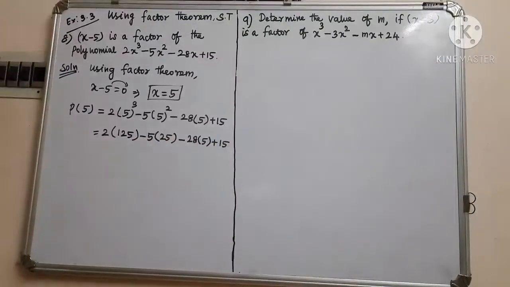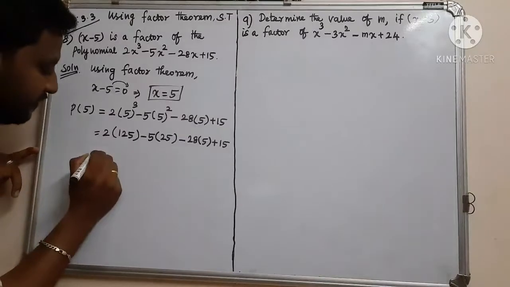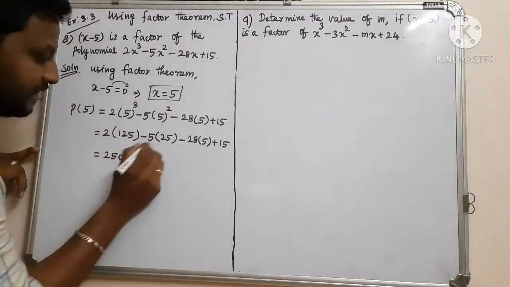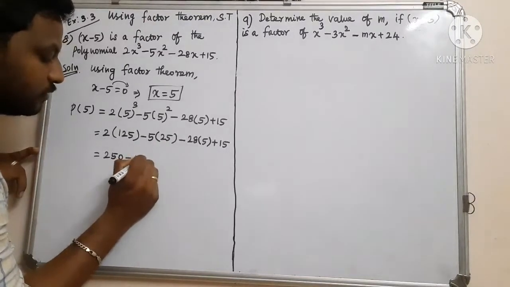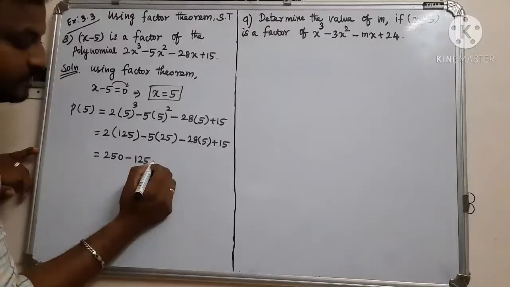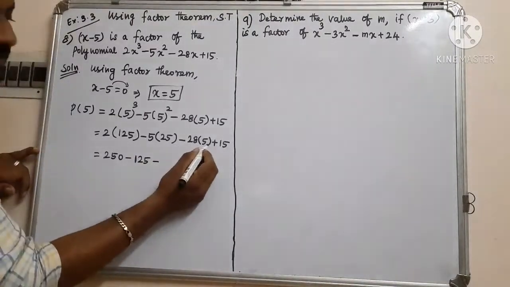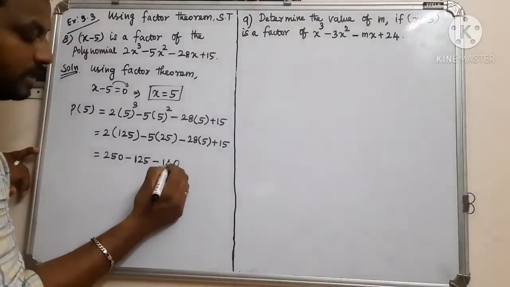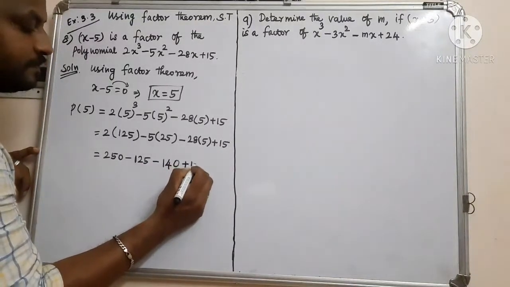So now you have to multiply the values. So 2 into 125, which is equal to 250, minus 5 into 25, that is equal to 125. So minus 28 into 5, 5 8s are 40, remaining 4, 5 2s are 10 plus 4, 140, plus 15.